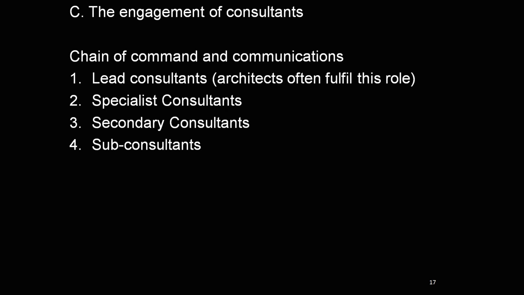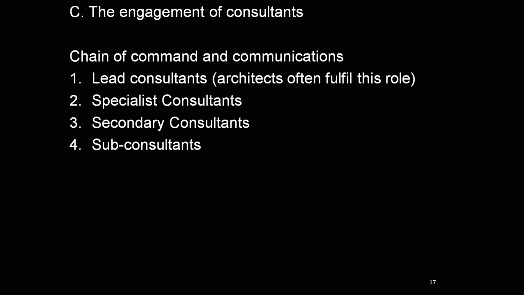Lead consultants, which we've already touched on earlier in the lecture. Architects often fulfill this role, but not always. Specialist consultants are consultants who contribute to parts of the project, but not the whole design. You can think of structural engineers as specialist consultants because they design only the structure of the building, not the cladding, not the windows, not the insulation, and so on and so forth.